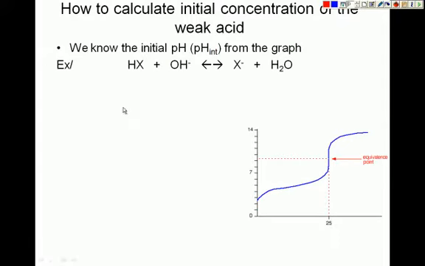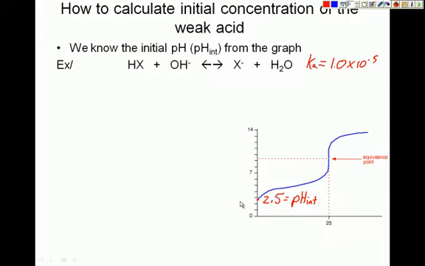We know our Ka from our last problem, our last slide, is equal to 1.0 times 10 to the minus 5, and we can see here that our initial pH is around 2.5, so 1, 2, about 2.5 or so.